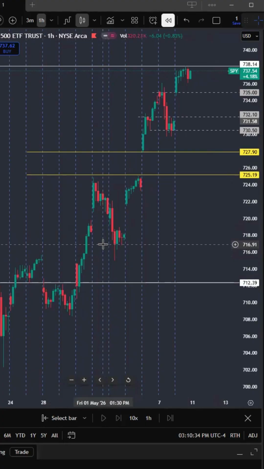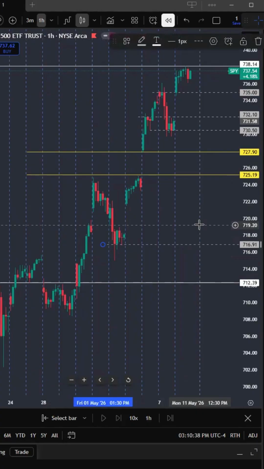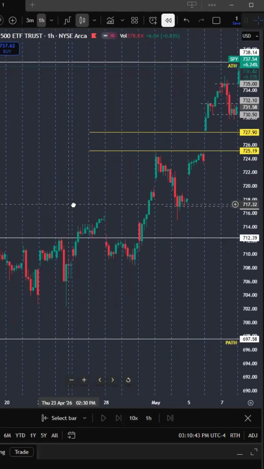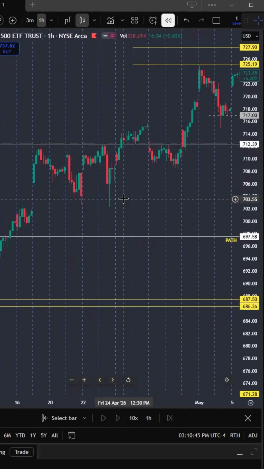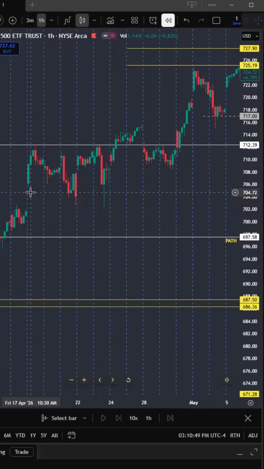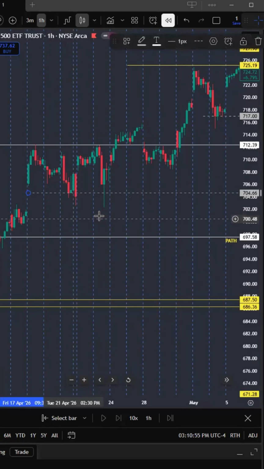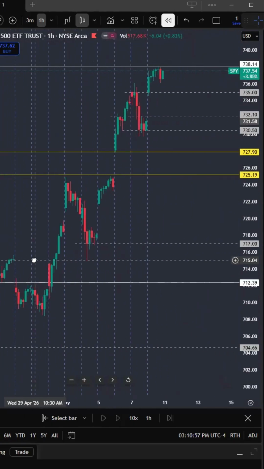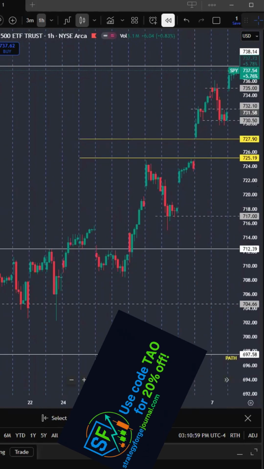We've got one right here. 717. Already got this one marked. 704.65.